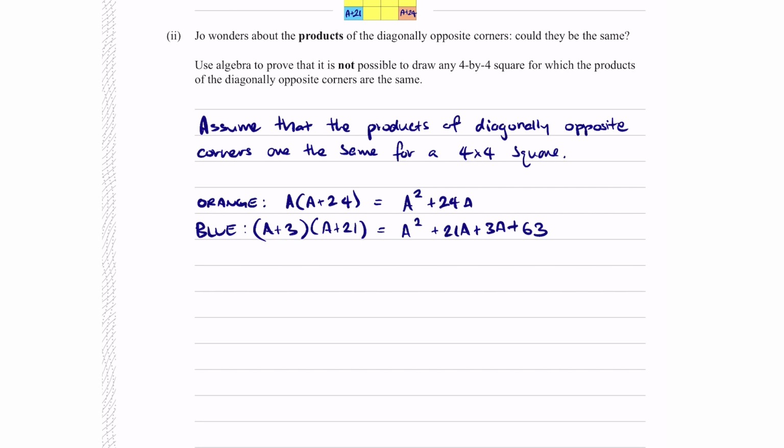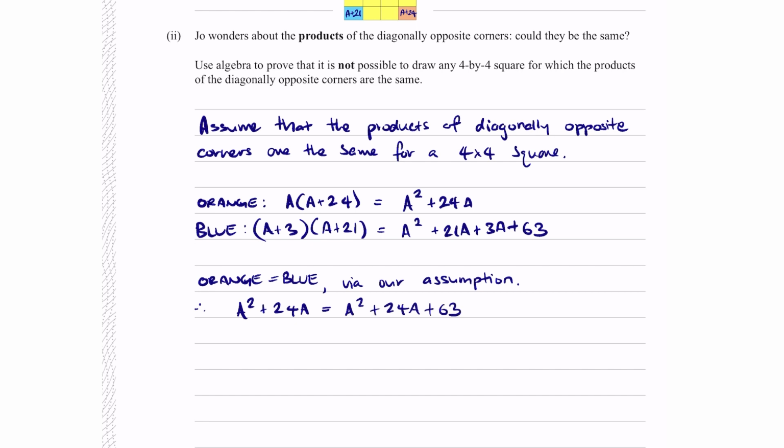Let's write one more step to make it real clear: orange equals blue via our assumption. Therefore, a squared plus 24a is equal to a squared plus 24a plus 63. So this is what we've come up with.